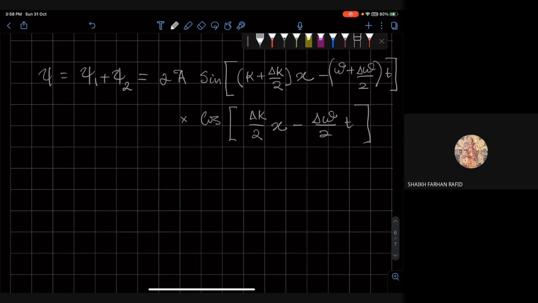When you have two sounds which are close to each other, what you get as a result is a sound which has a high frequency, but the amplitude of the frequency changes with time.